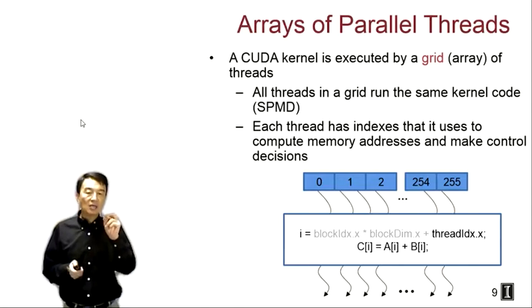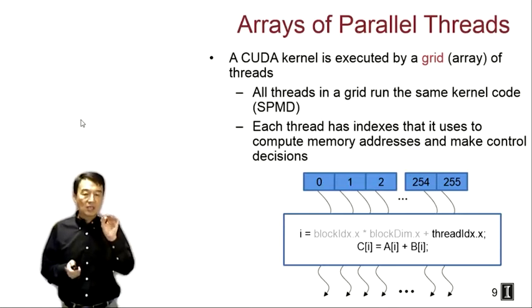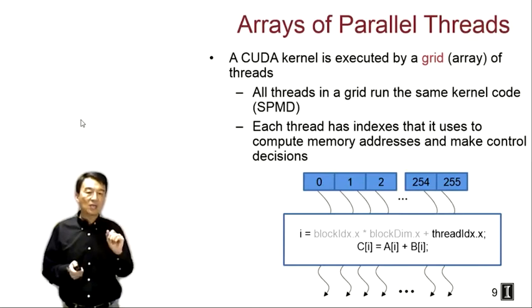Thread 0 will have its own i, thread 1 will have its own i, and so on. Thread 0 will calculate its i value as 0, because the threadIdx.x value for thread 0 is 0. Thread 2 will have i value 2, and so on, and thread 255 will have i value 255.